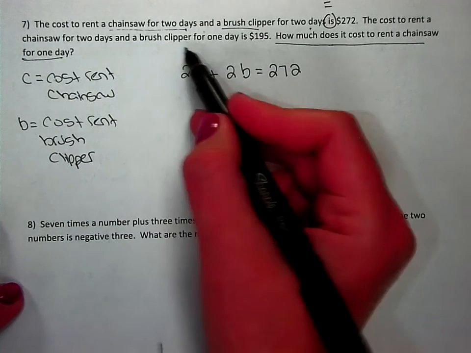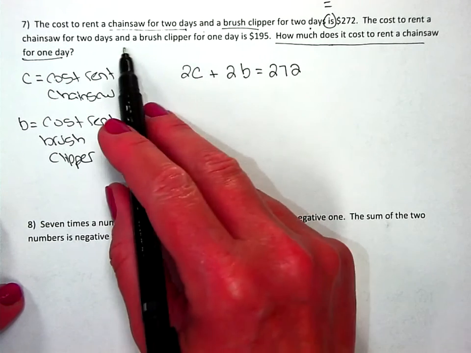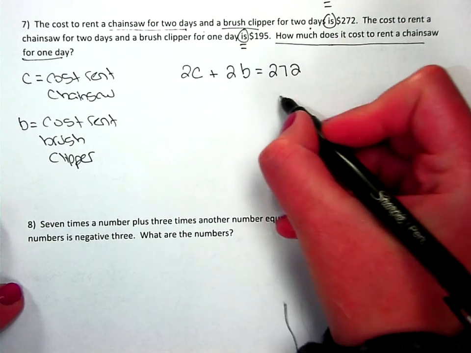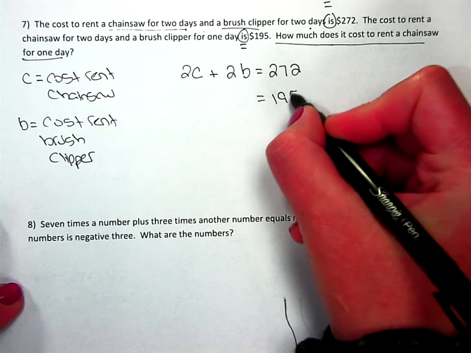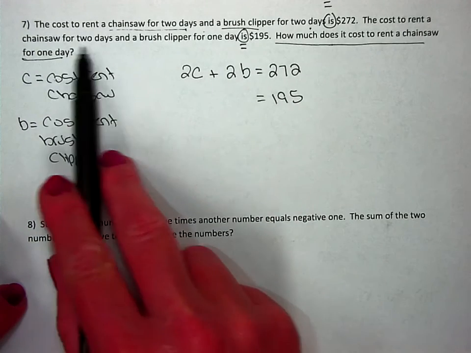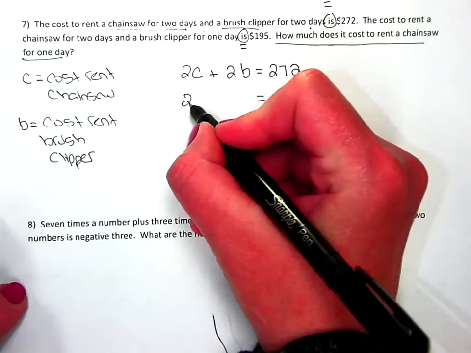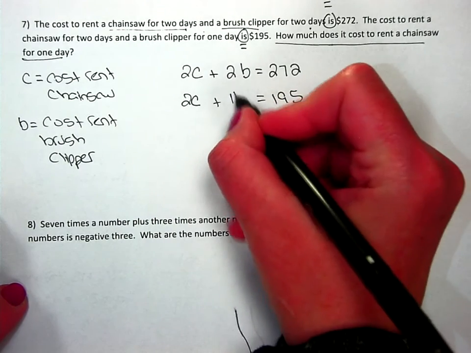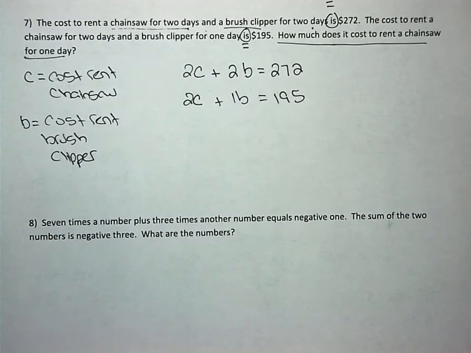The cost to rent a chainsaw for 2 days and a brush clipper for 1 day is $195. So my second one is $195. Chainsaw for 2 days, so 2C, a brush clipper for 1 day, 1B.